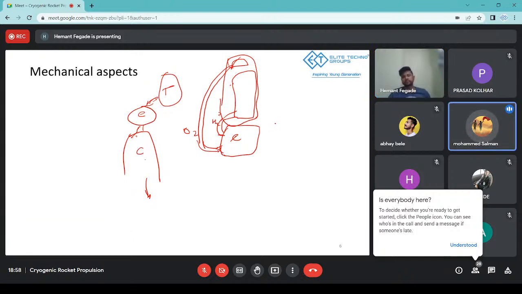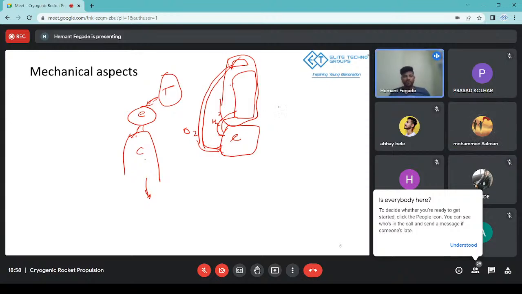Because electrical components and efficiency will be at high stakes, sir. Exactly. Even weight also. Apart from that, the amount of power that an electrical pump is going to need, you need to supply electricity. How are you going to supply electricity, right? Yes, sir. But we can implement mechanical pumps, sir. Piston, something like that.